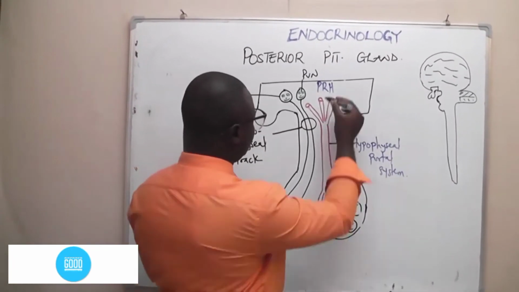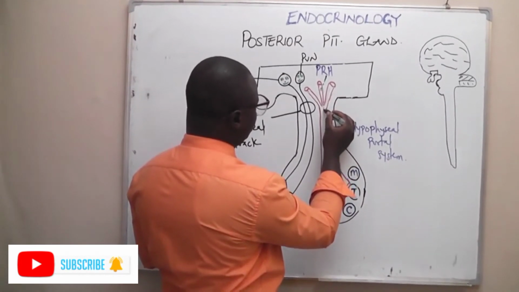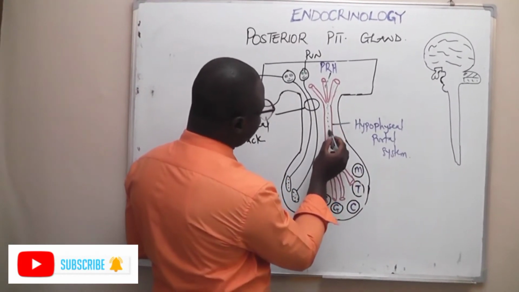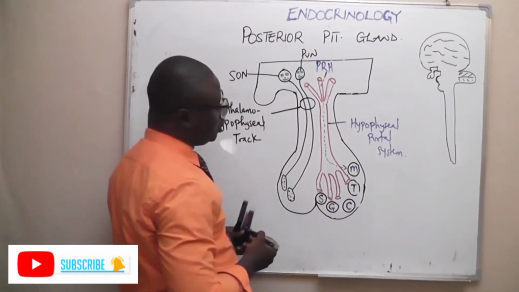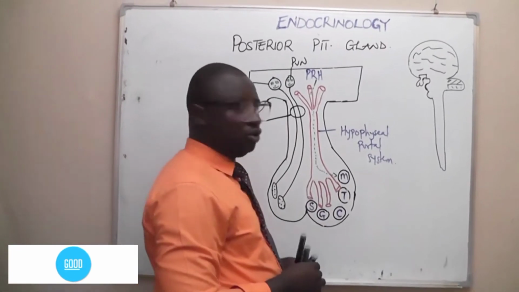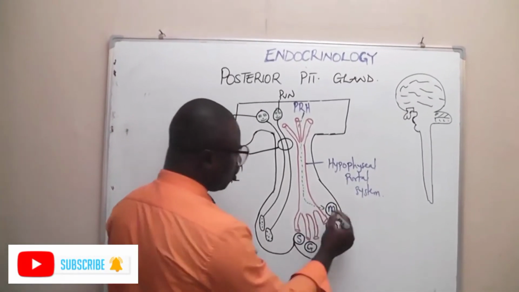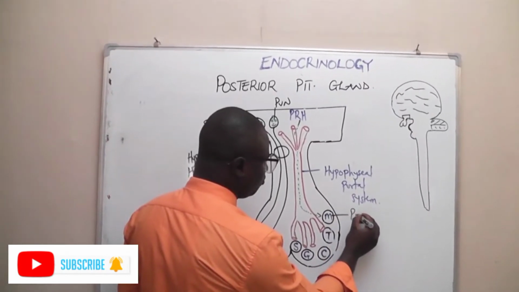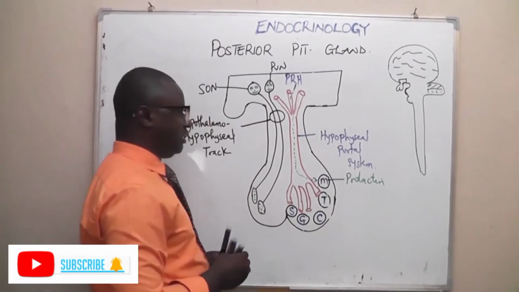So let's assume we have this secreted into this pathway, and this comes to this cell. The name of this cell is mammotroph. It acts on some receptors on these cells and then causes the release of what? Prolactin. What did I just say?